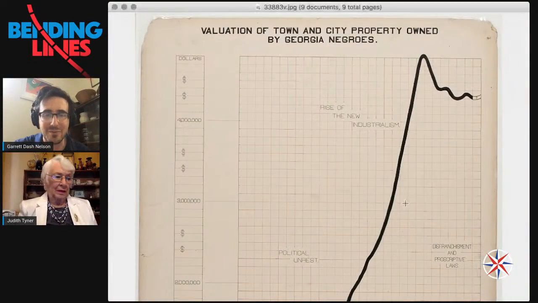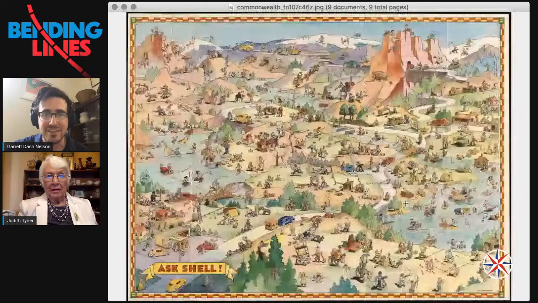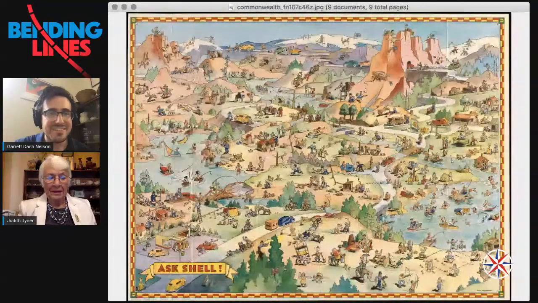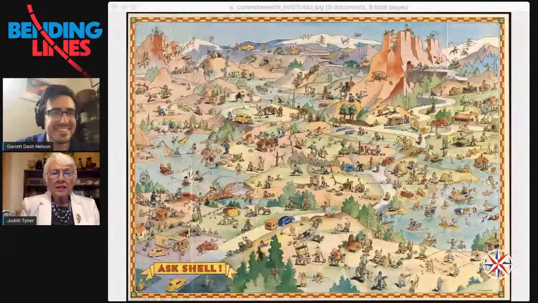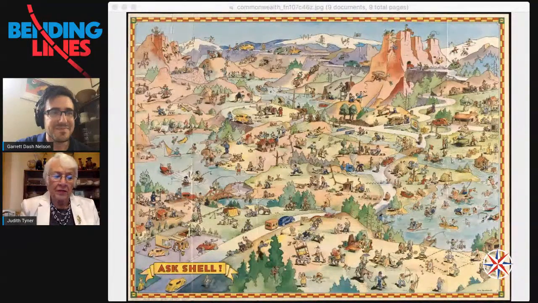So let's start with the first one we have here. Tell us a little bit about this map. Okay, but this one isn't exactly a typical persuasive map, but it is persuasive. It's a typical pictorial map from a period that was considered the golden age of pictorial maps.